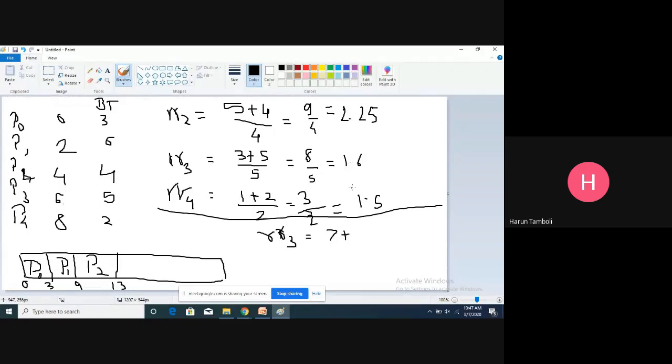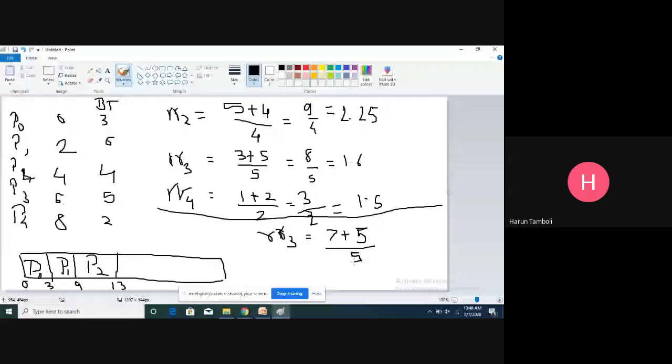So we are calculating the response ratio for P3 at the time itself. At time 30, the waiting time for process P3 is 30 minus 6, which is 24... plus the burst time for P3, which is 5, so 7 plus 5, divided by 5.